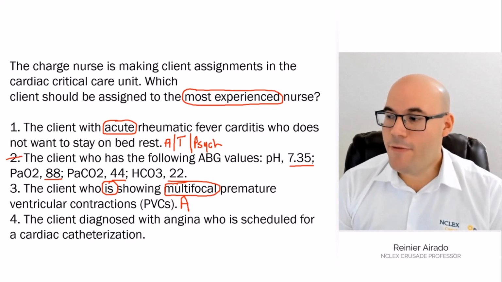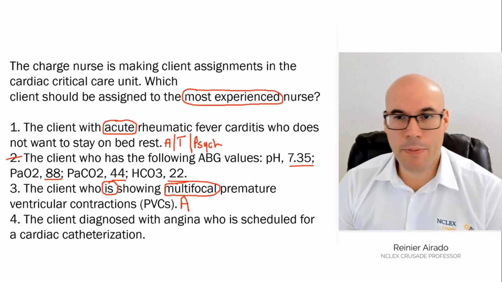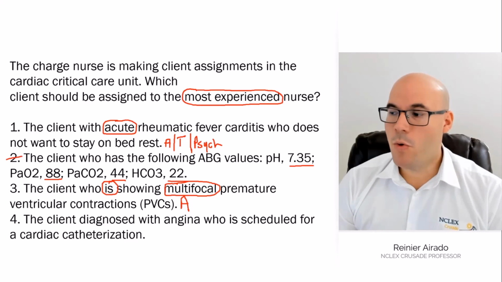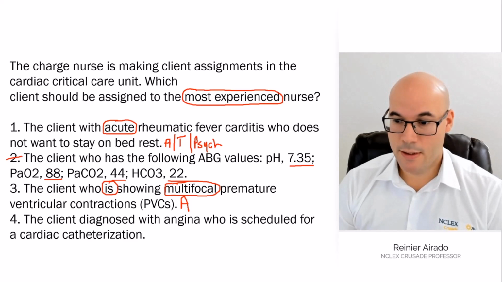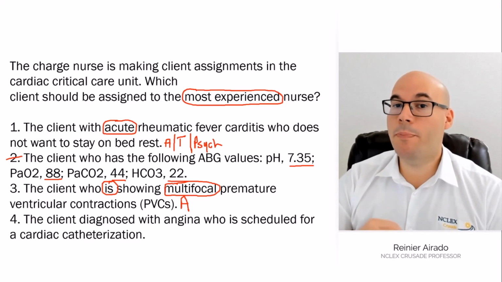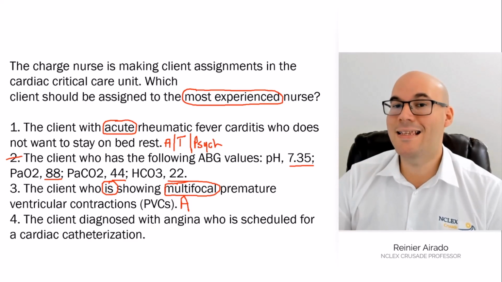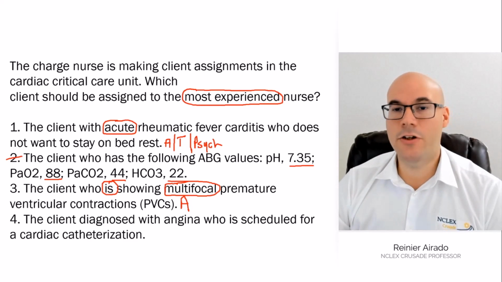Why? If the patient is having sporadic PVCs, it's not as important. PVCs usually are benign. But when you're having PVCs from multiple foci, that means that there are multiple ectopic cells in the ventricles creating this electrical stimuli.